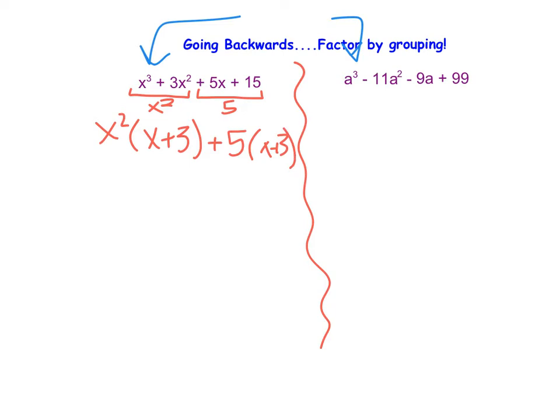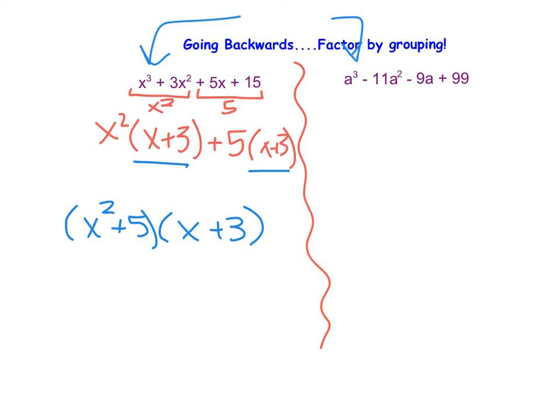So what you can see here is that x squared and 5 are both being multiplied by x plus 3. So what I can do is group x squared plus 5, and then say, well, both of those terms are being multiplied by x plus 3. So I've rewritten this into what looks more like factored form. Now from here, my next question should always be, can I factor this further?